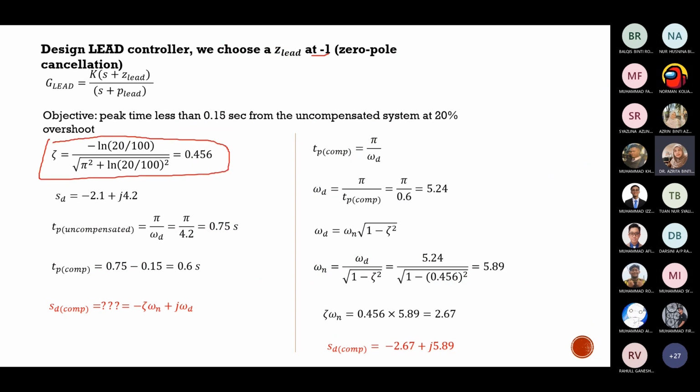And then given is the s_d uncompensated. The general formula for s_d uncompensated is given by minus zeta omega n plus j omega d. So from here we can calculate.